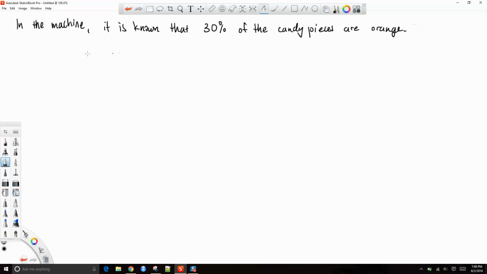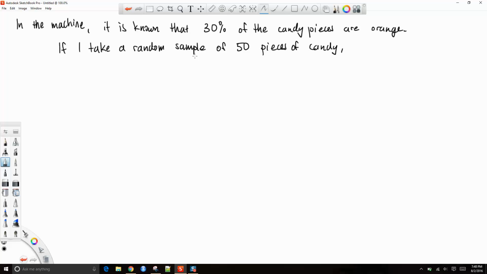If I take a random sample of 50 pieces of candy, is it possible that 40% of them end up being orange? Yeah. Okay. What's the probability that I end up getting 40% orange or more? Okay, 40% or more are orange.